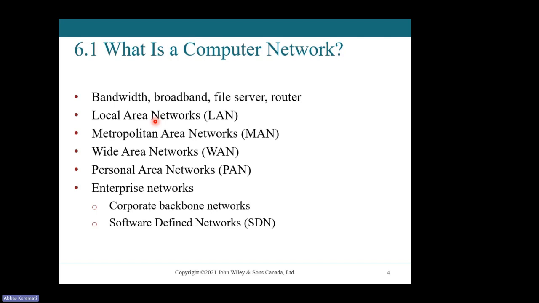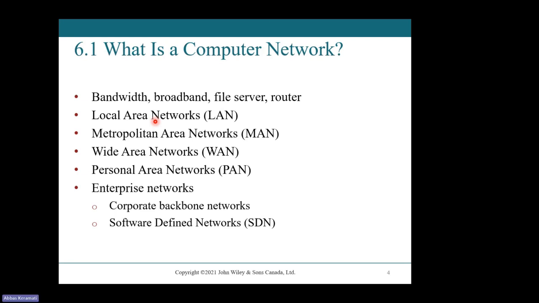This network can be formed using different technologies, such as bandwidth, broadband, file server, and router. And we also have different types of networks, and we want to discuss these terms.